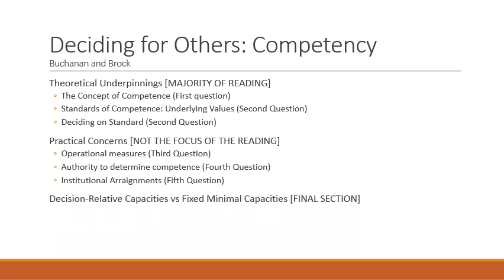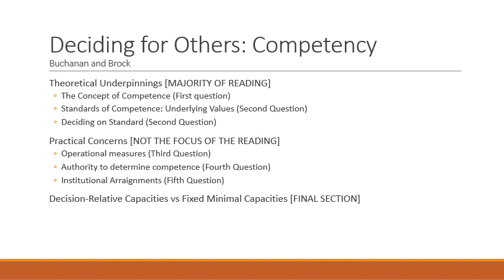Okay, there is one section though, which is the wrapping up, the point of the entire essay, which is to contrast the authors' view about the appropriate way to think about competency, which is what we're going to call the decision relative capacities view, or just the decision relative view, versus the fixed minimal capacities view.